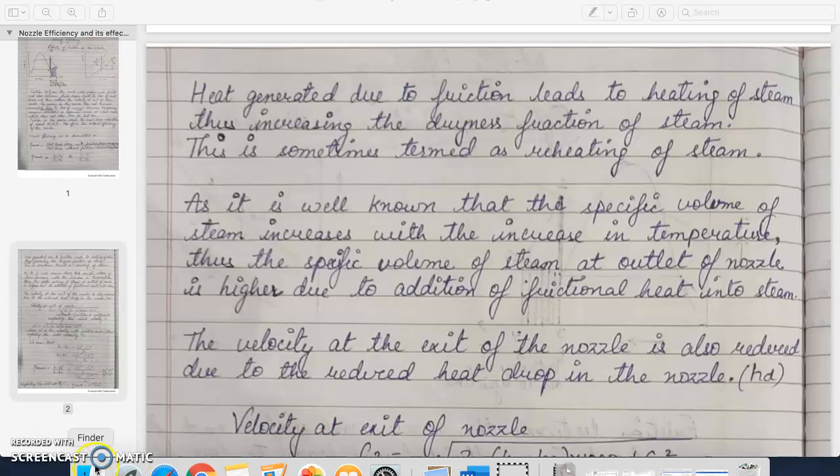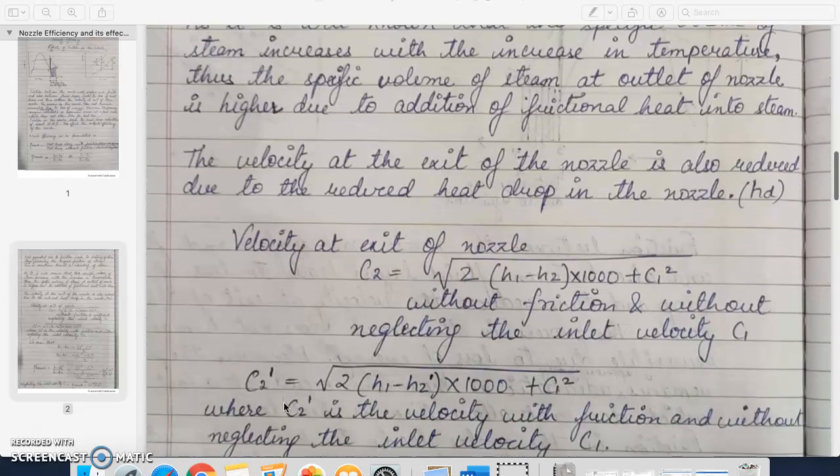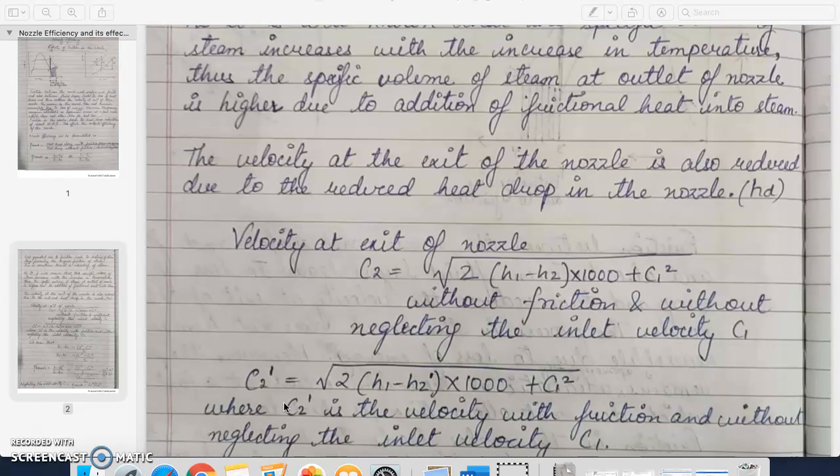Now another effect of the nozzle friction is that it also reduces the velocity at the exit of the nozzle. Now how this happens is the velocity at the exit of the nozzle, as we have already discussed the formula in the last lecture.